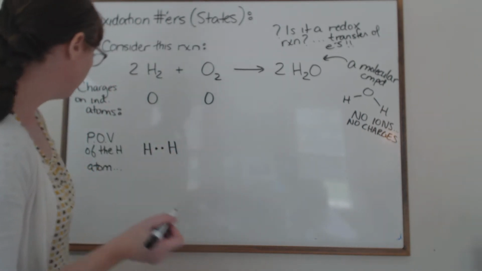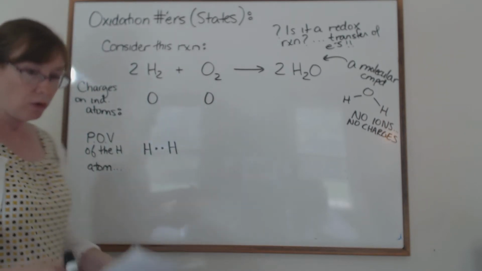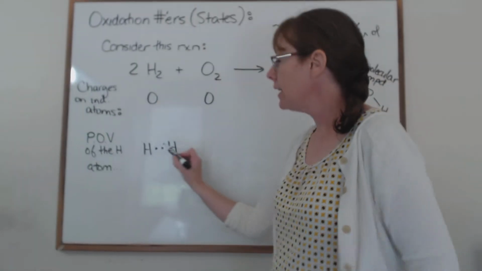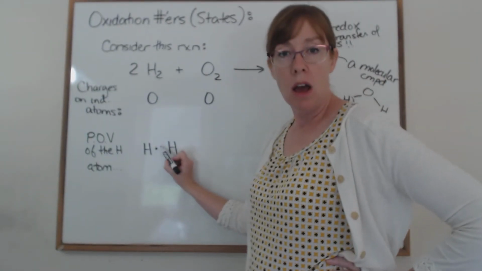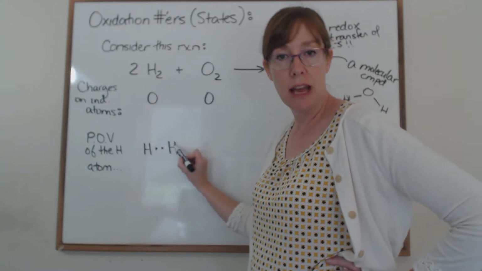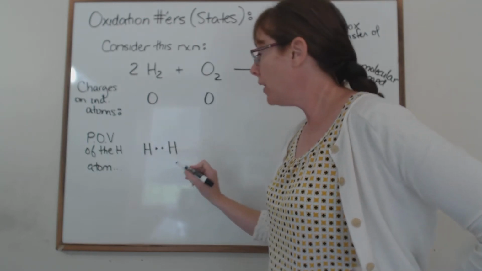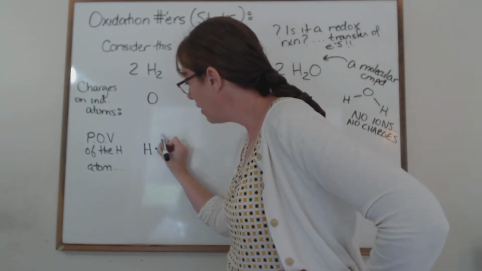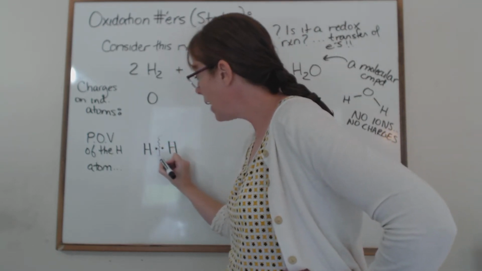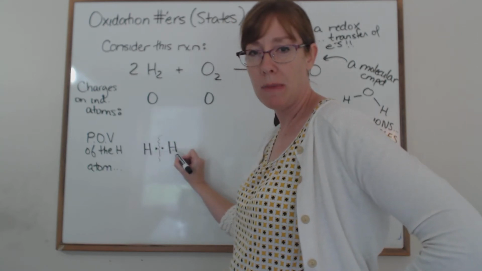Each of these electrons is shared equally between this hydrogen and this hydrogen, because the two hydrogens are both pulling on them equally. So in a way, you could say that he has one and he has one, if you divvy them up equally.